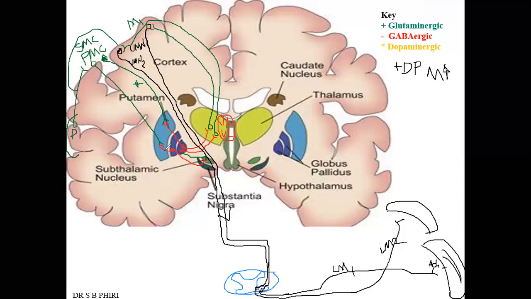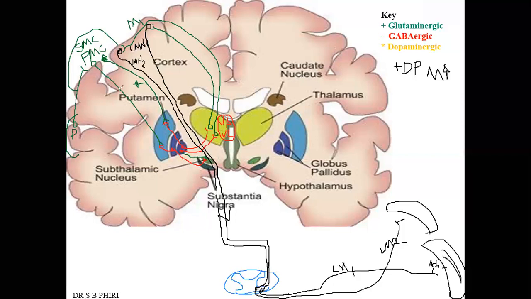This is a medium spiny neuron that is communicating with another inhibitory neuron in the globus pallidus external, that is communicating with a stimulatory neuron of the subthalamic nucleus projecting to the internal part of the globus pallidus, and this stimulatory neuron is communicating with an inhibitory neuron now that is synapsing with a stimulatory neuron within the thalamus.